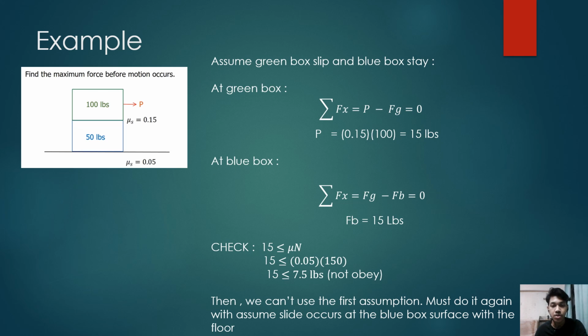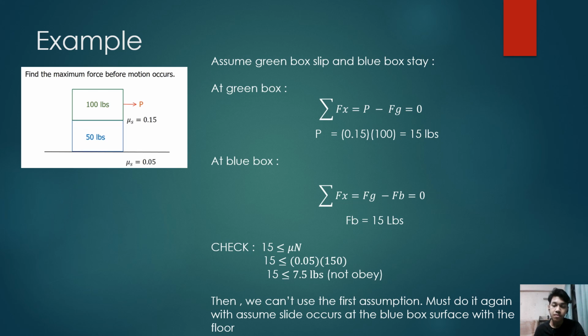Meanwhile, at the blue box, the equation that we got is the summation of Fx is equal to Fg, which is the friction of the green box, minus the friction of the blue box, equal to 0.